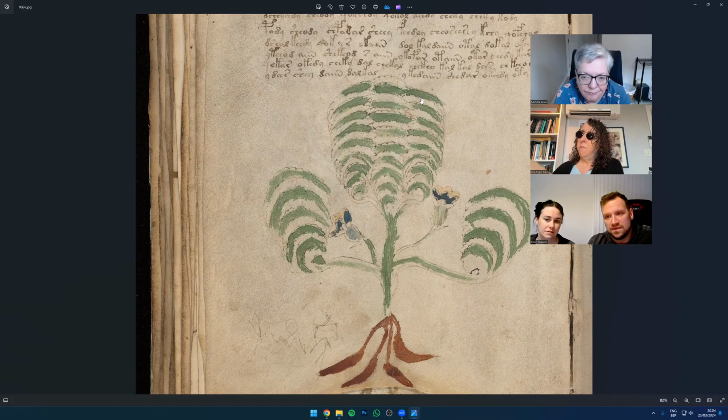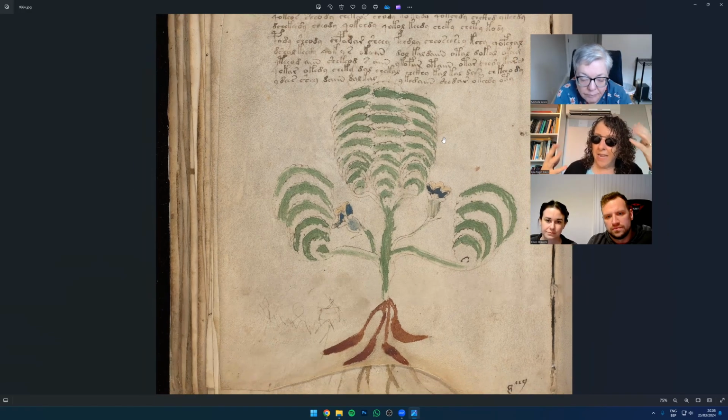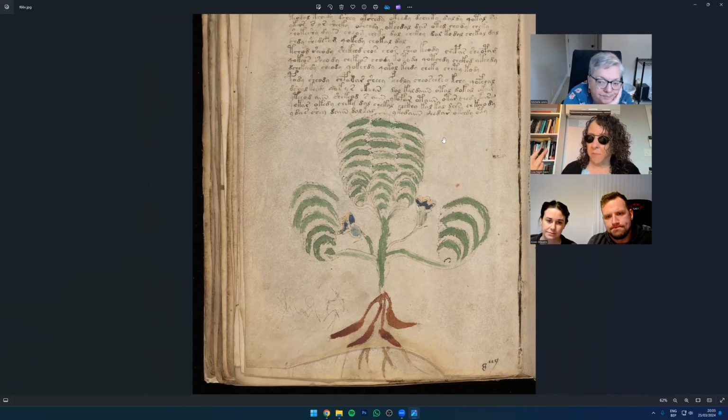So again, the distinction that I think you need to make is between style and artist, right? Because those are different things. So this could be an A style, but scribe 5 as the artist, which is why it is incongruous to find that plant in what's definitely a B page, because this is scribe 5.